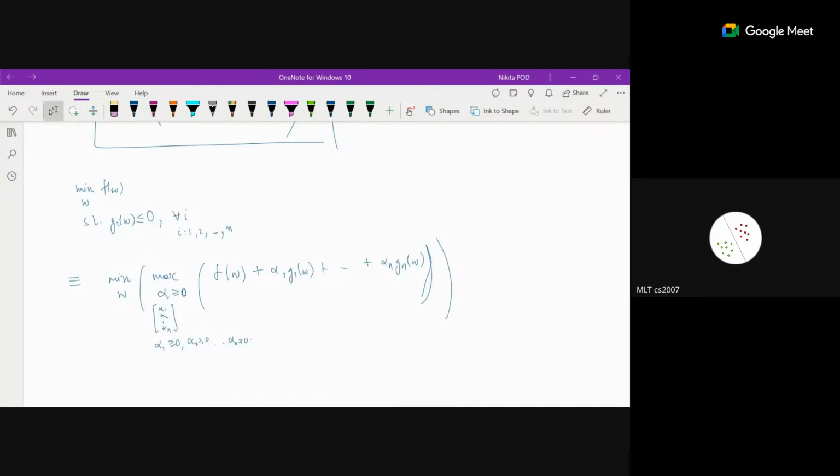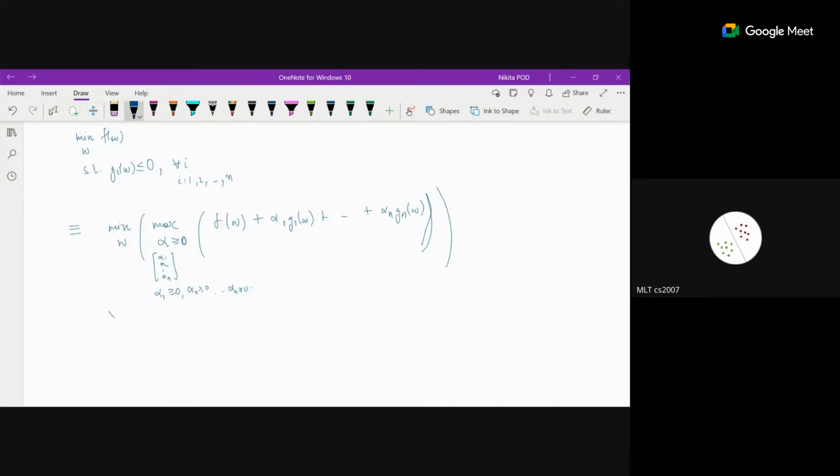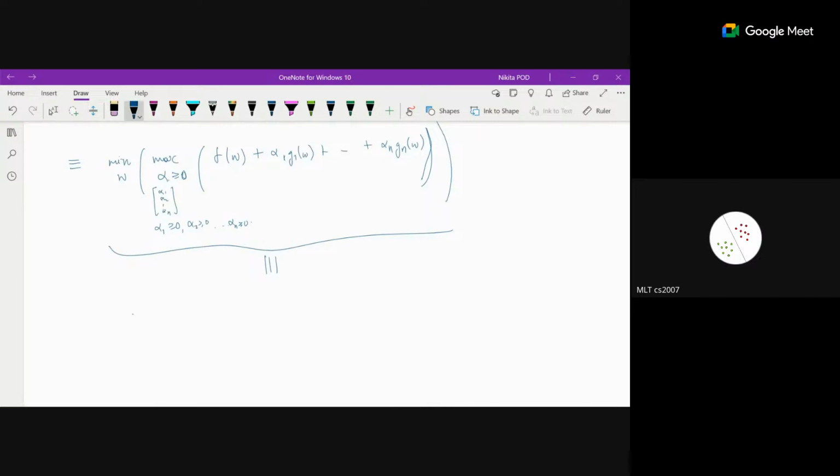In case f and all the g i's are convex, then again this min max can be written as max min. So you can write this as max over alpha i greater than or equal to 0, min over w of f of w plus alpha 1 g1 of w, and so on till alpha n gn of w.